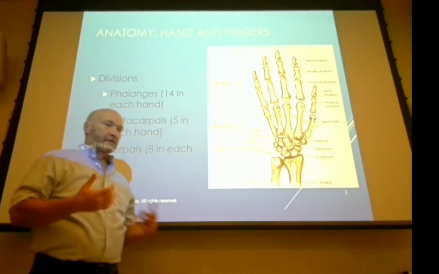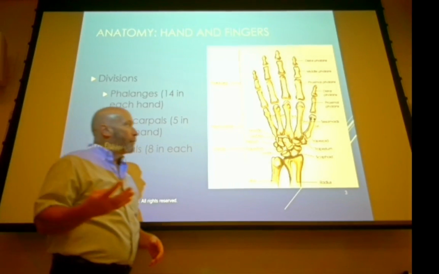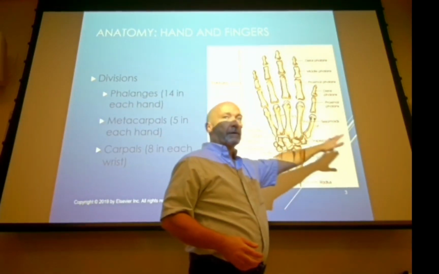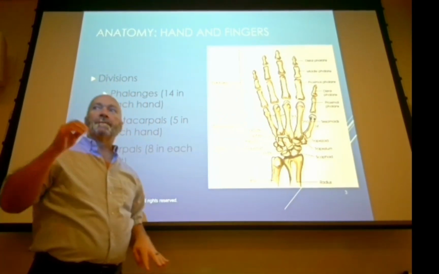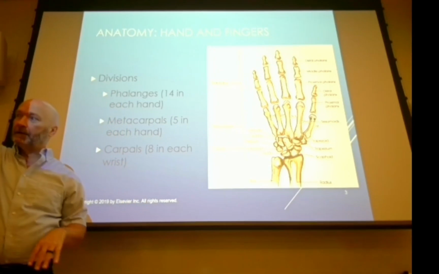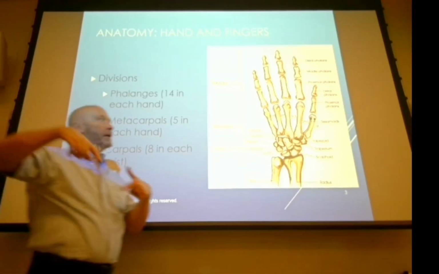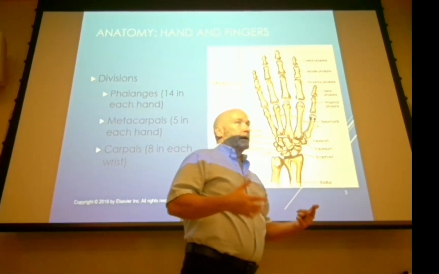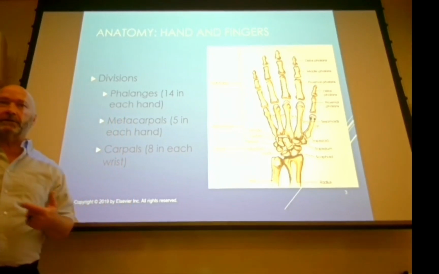All right, so then you got to identify exactly where those things are. We're going to leave the thumb out of this for now, but you've got 4 individual fingers, and you've got 3 portions of those fingers. You've got one at the end, one at the other end, and then one in the middle. Right? So what's the word that we use to describe something closest to the insertion?